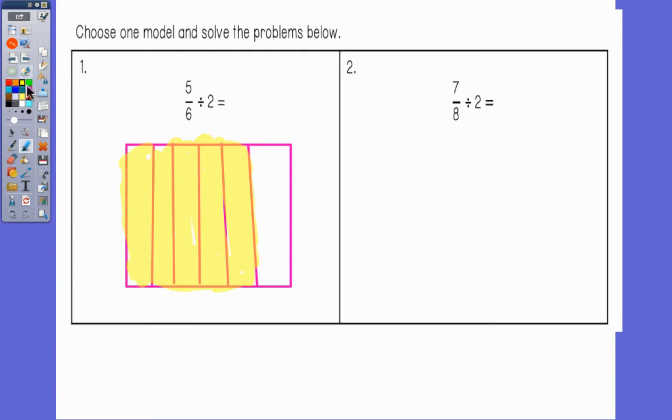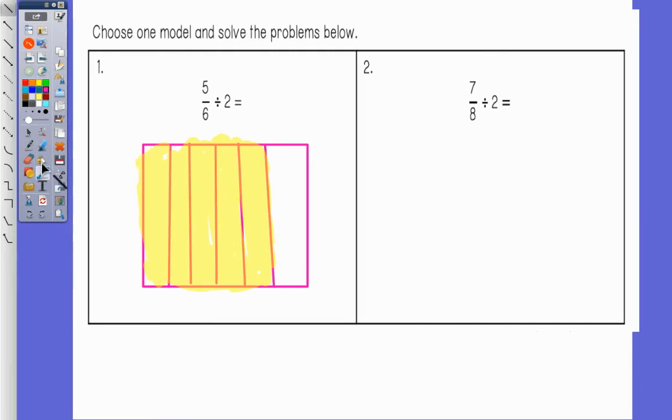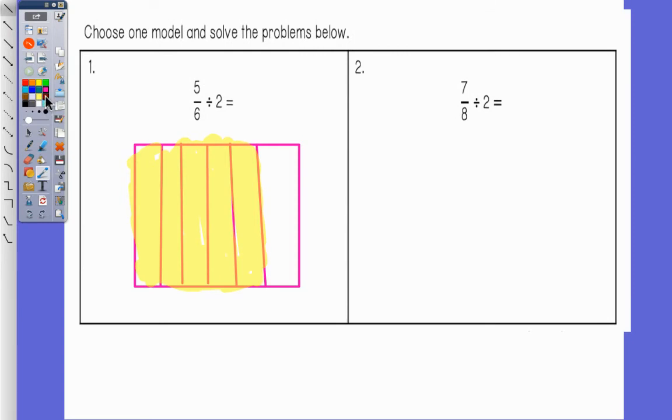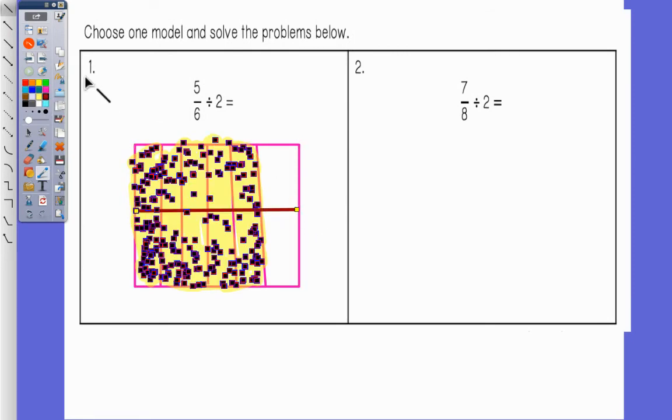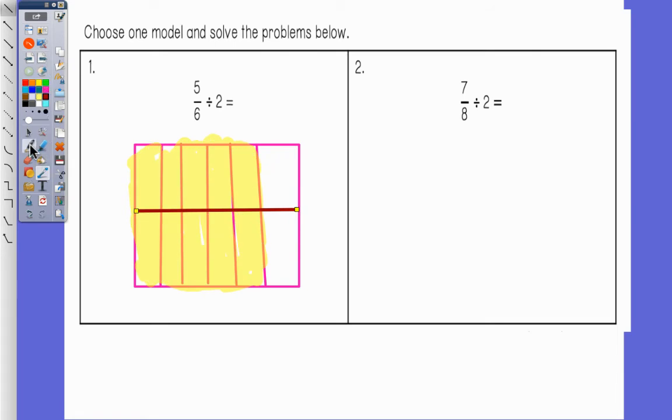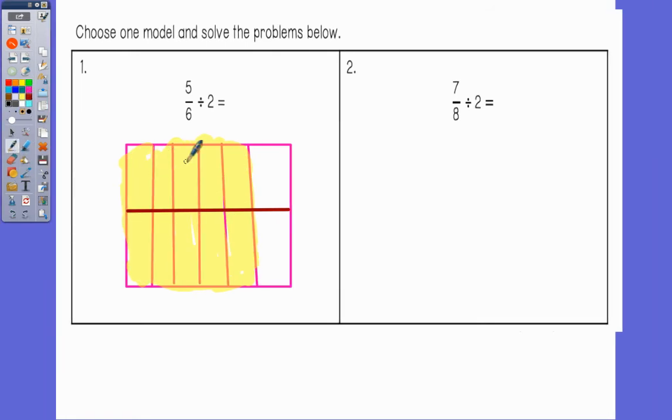And then we're going to divide this in half because that's what our division number is, halves. So we're going to come straight across and we find out we have how many left? 1, 2, 3, 4, 5. 5 out of 12.